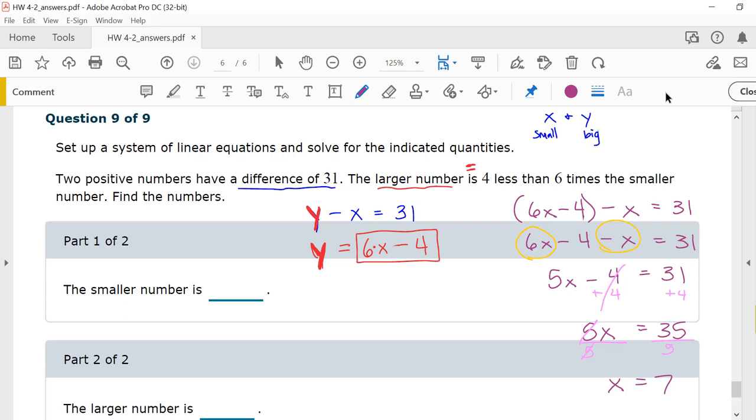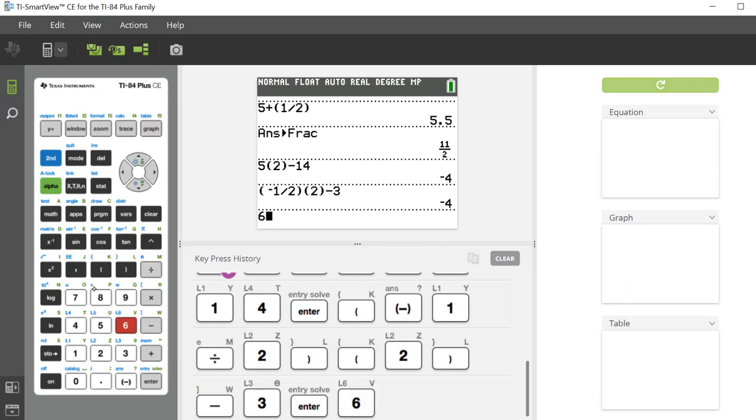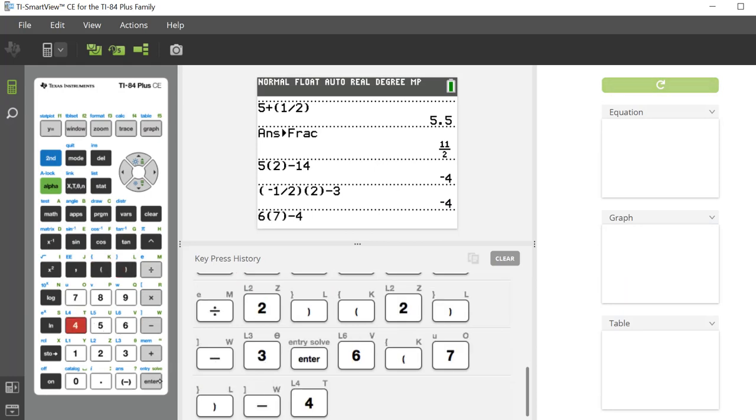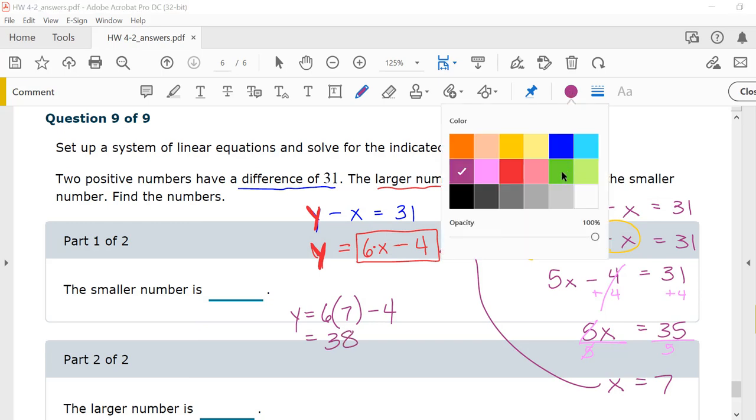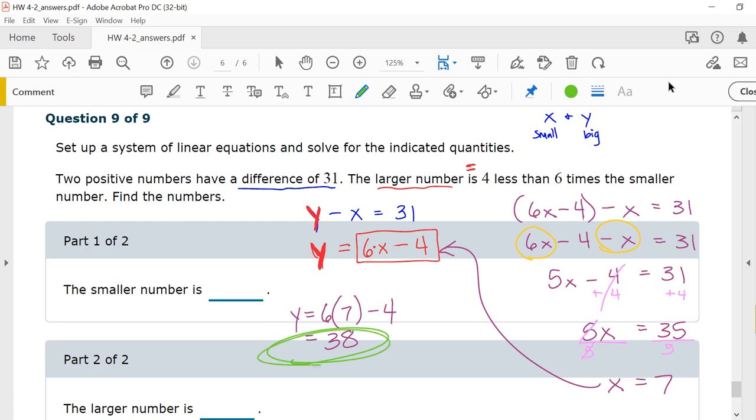So if x is 7, I'm going to go plug it in to solve for y. Y equals 6 times 7 minus 4. 6 times 7 minus 4 is 38. Okay, I found my two numbers. Y is 38, x is 7. The smaller number is 7. The larger number is 38.